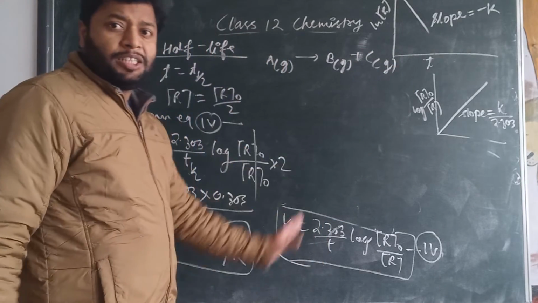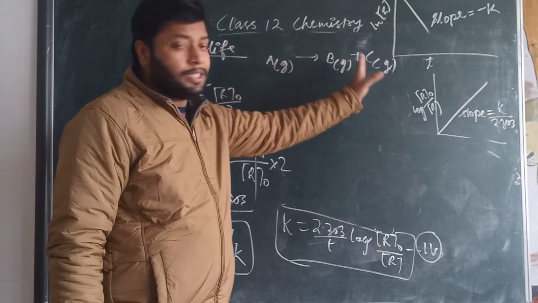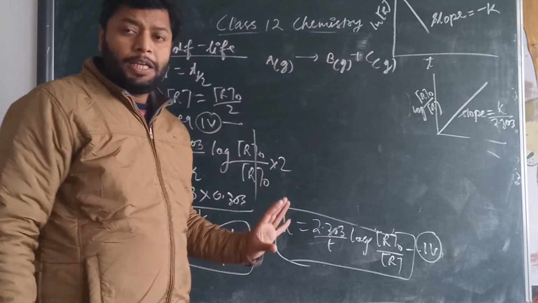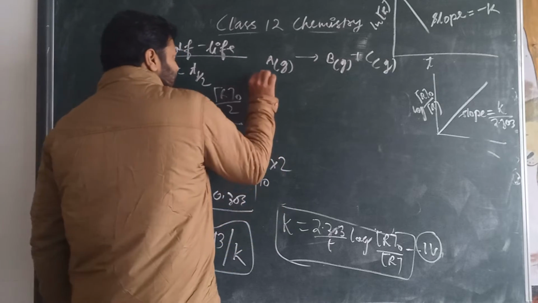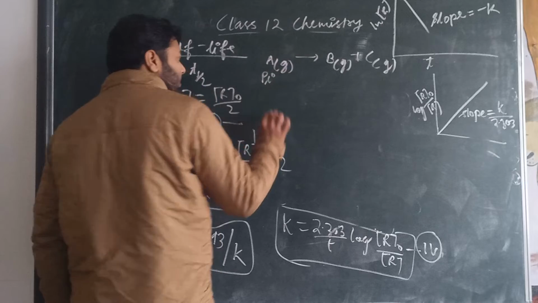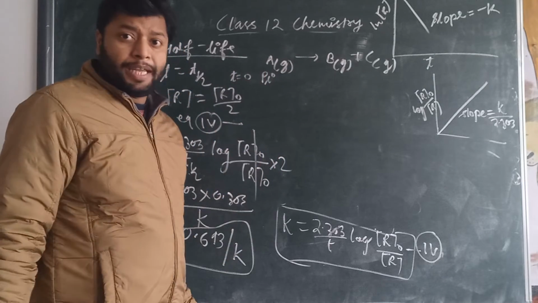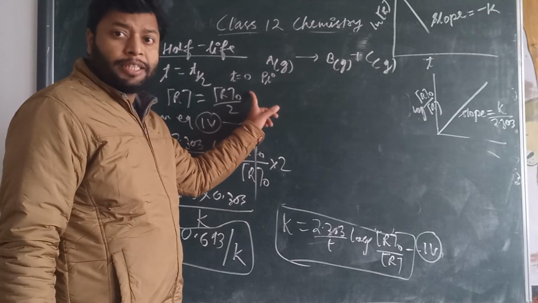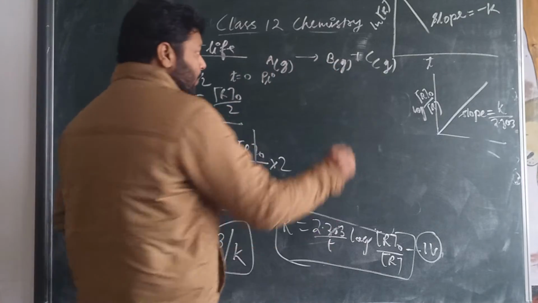Suppose we have this example: a gaseous species A decomposes into B and C, with the same coefficients; the coefficients are just 1. Okay, let's try. Initial concentration: when the reaction begins at T equal to 0, no product is formed.